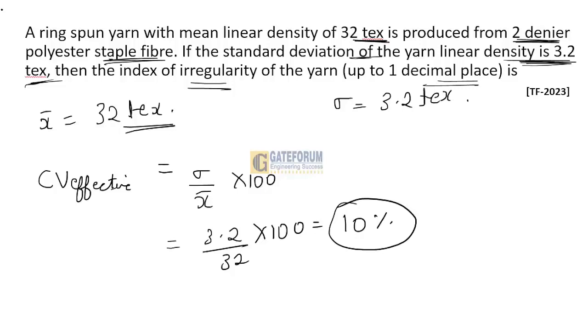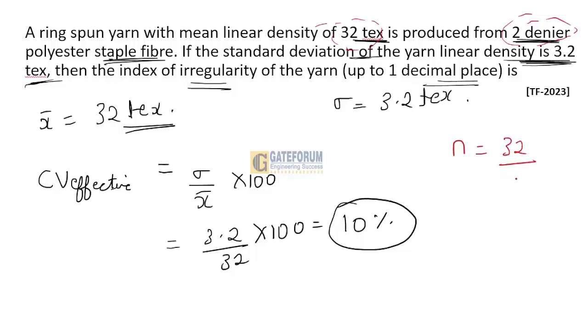And for this we also need to calculate the number of fibers. The yarn is 32 tex, and the polyester staple fiber is 2 denier. Both of these should be in the same unit. The number of fibers is yarn tex upon fiber tex. So it is 32 tex upon fiber tex.